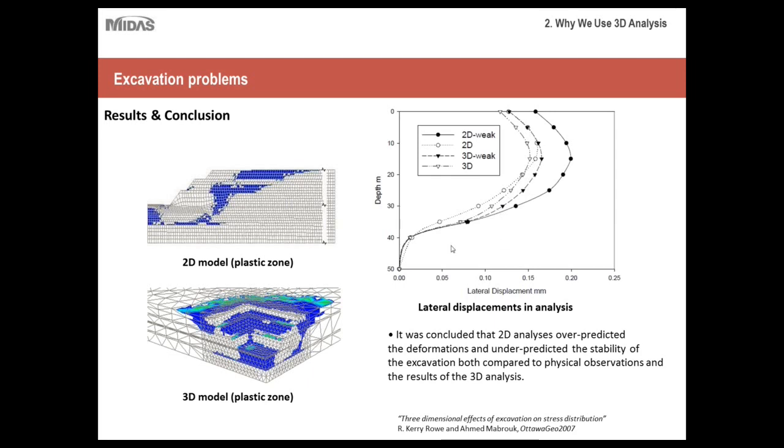As you can see, in the 2D analysis, displacement was calculated to be much more than it was in the 3D analysis. Once again, that's due to the fact that the 2D model couldn't take into account the cornering effect, so it calculated the displacement to be much more than it actually would be. So with the 3D analysis, although it would take longer to create this model and a little bit longer to run the analysis, ultimately you would get results that are more accurate and more optimized.